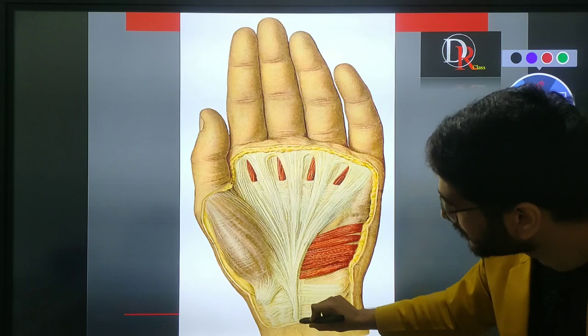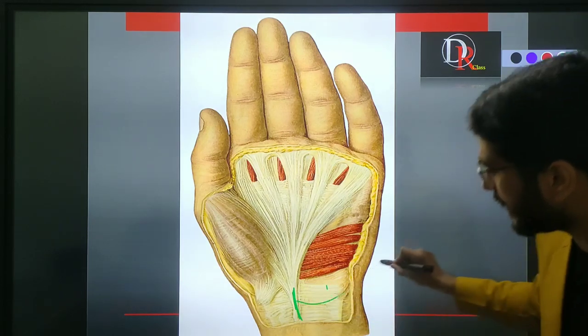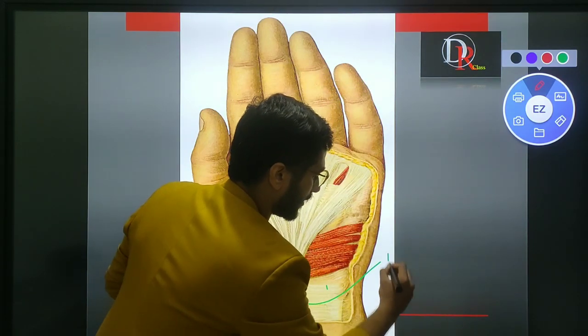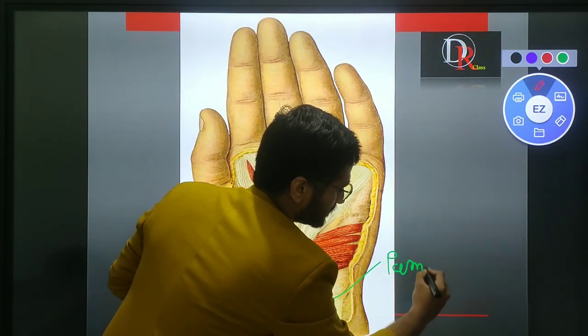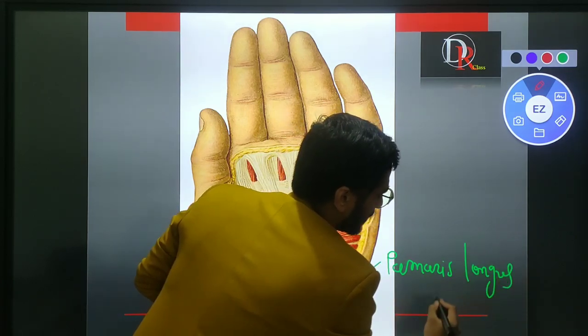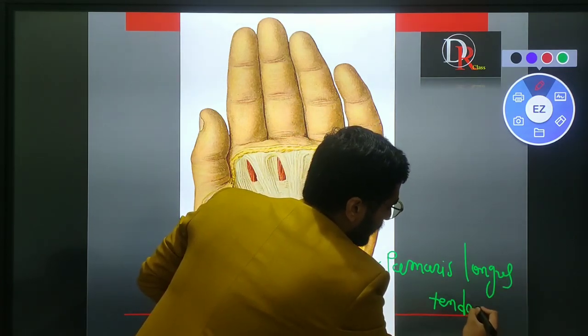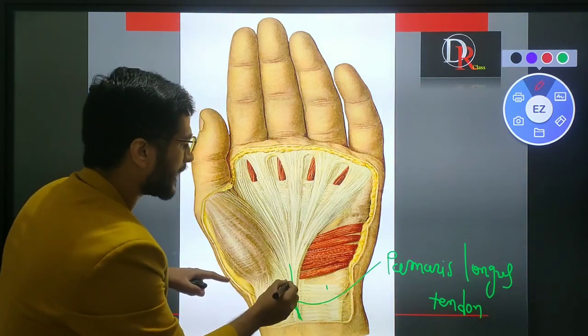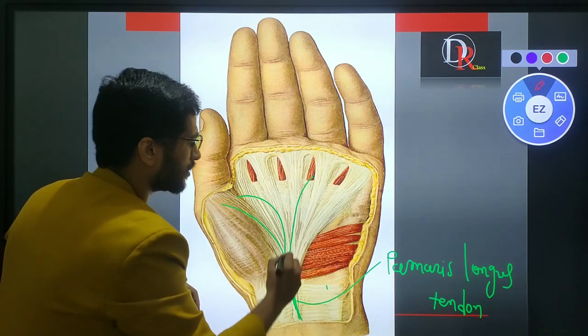What we find here is a tendon, and this tendon is the palmaris longus tendon. This palmaris longus tendon goes inward and becomes flattened.